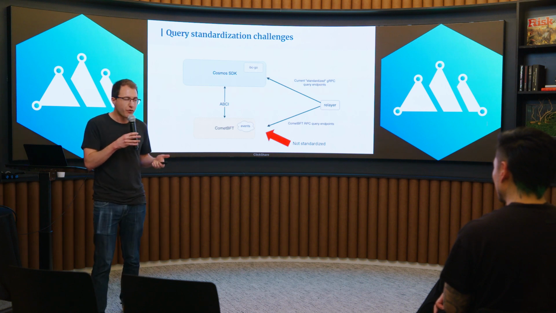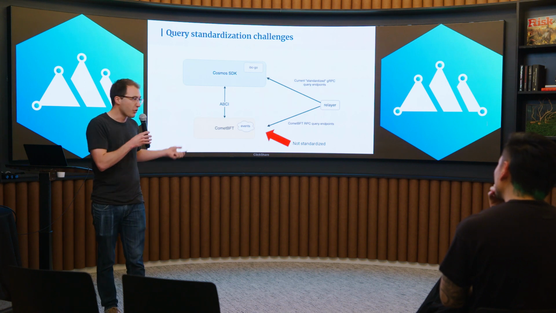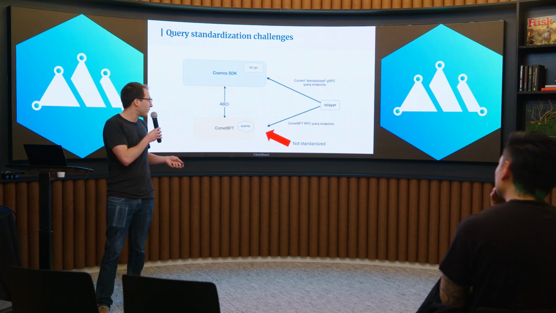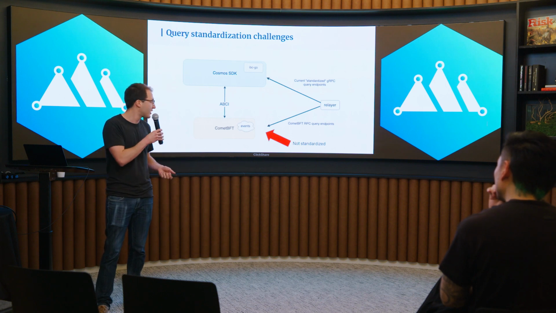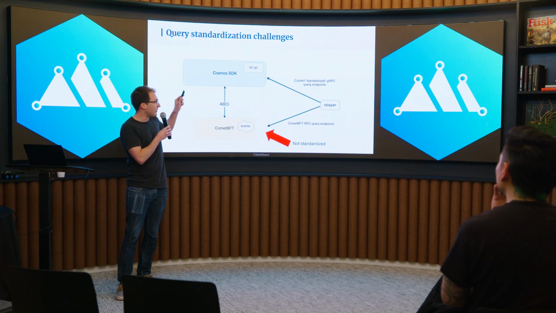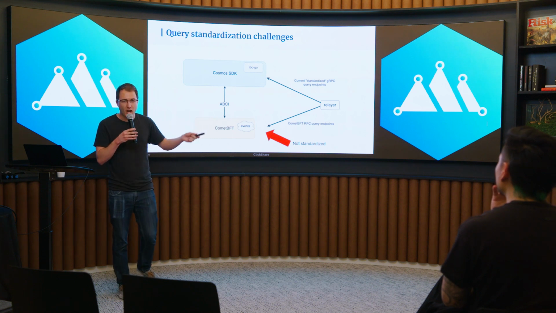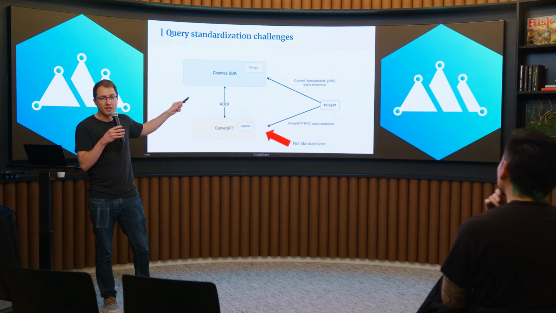And to give an intuition of why IBC Go can't currently expose everything, take the example we gave before where I want to query the events that I missed. In this system, the events are stored in Comet BFT. But the gRPC endpoints that were sort of standardized are exposed by IBC Go.